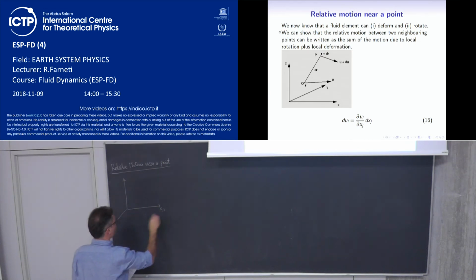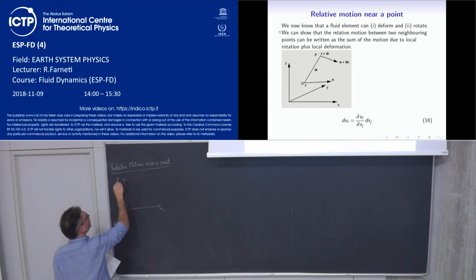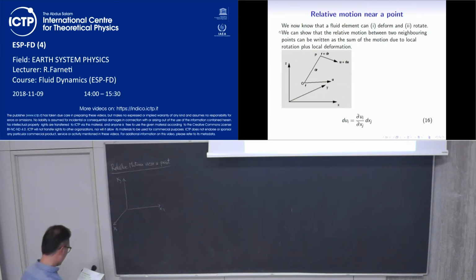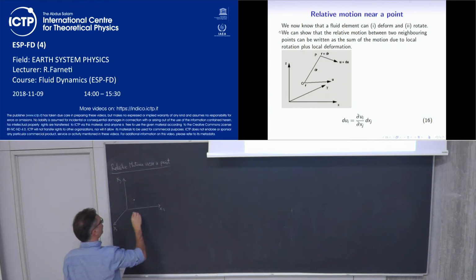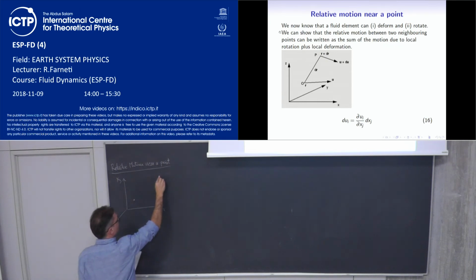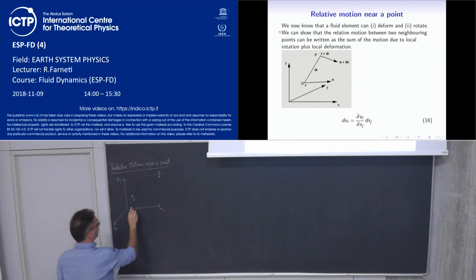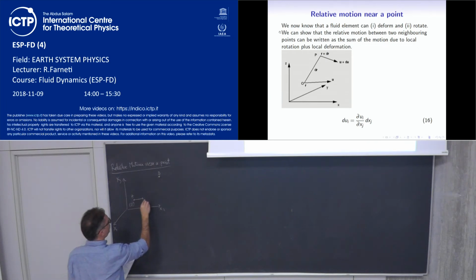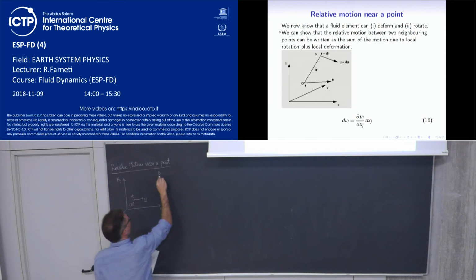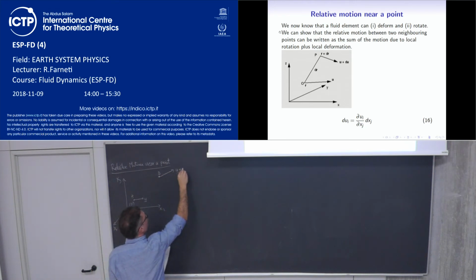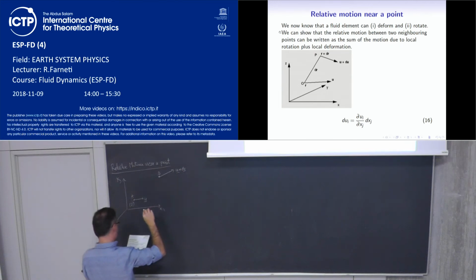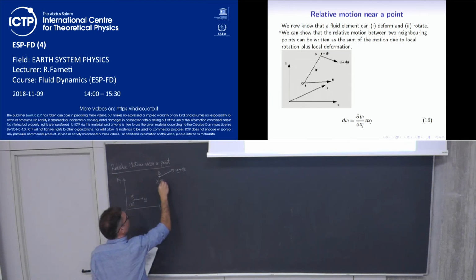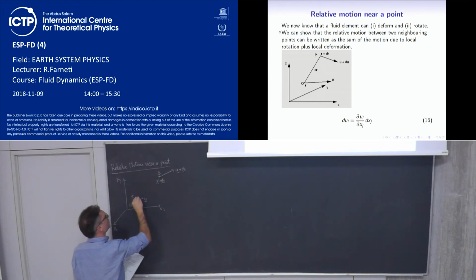This is my x1 and my x2. So now we're going to look at what happens to this element of fluid between point A and point B. Point A is at position x, and it has some velocity vector u, whereas point B has some velocity u plus the u at some position x plus dx.